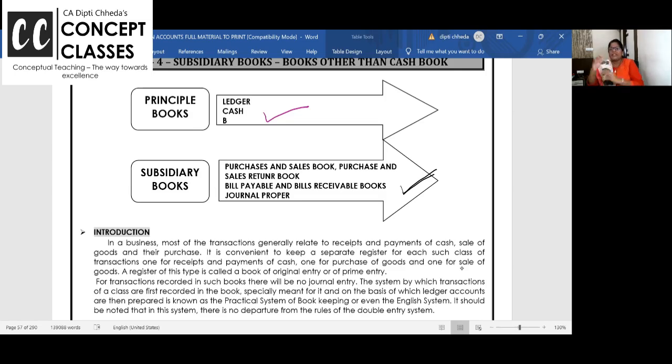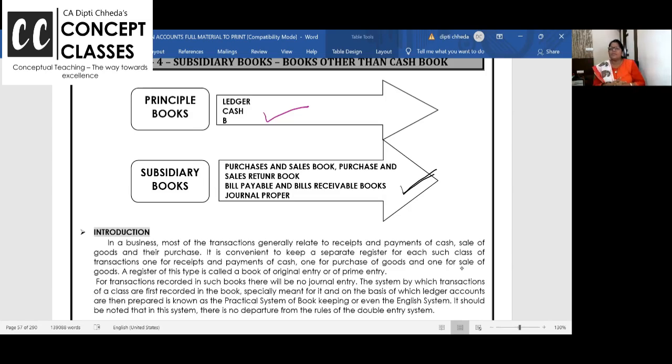No. They just record everything in a subsidiary book or in a ledger. Okay, 8 o'clock in the morning, bill number this, 500. 10 o'clock, bill number this, 2000. 10:30, this. When they get the total, they pass only a single entry. Okay. Cash account debit to sales. Are you getting what I am saying?